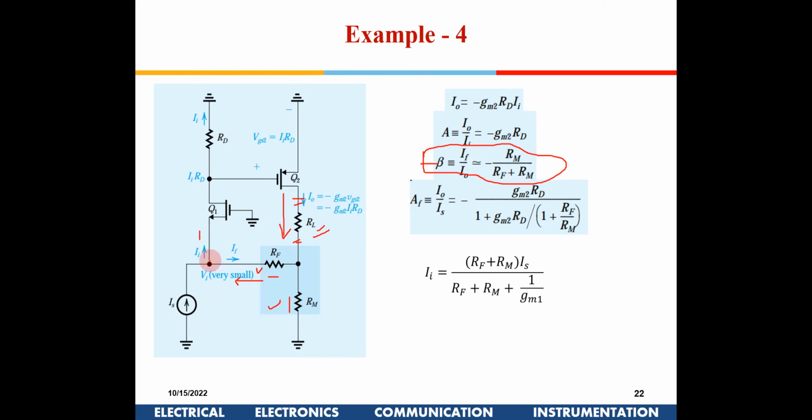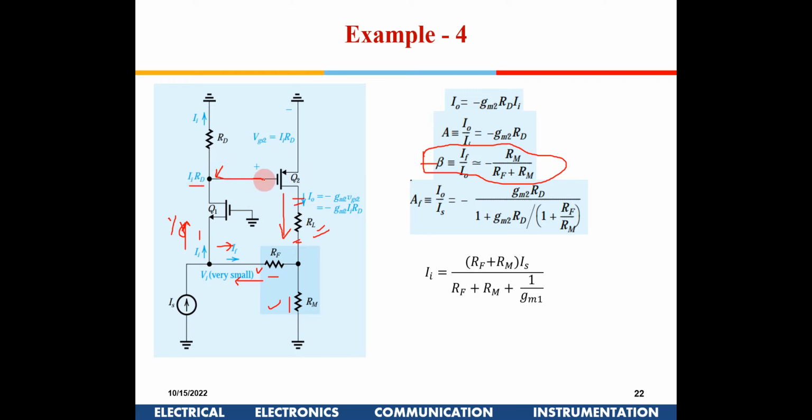Now if you see here, some approximation has been done in this textbook. Here the impedance seen will be 1 by GM, right? And here the impedance is RF plus RM. So you are assuming that this is much higher, so this entire I is going here. So this voltage out here will be GM1, same I into RD.